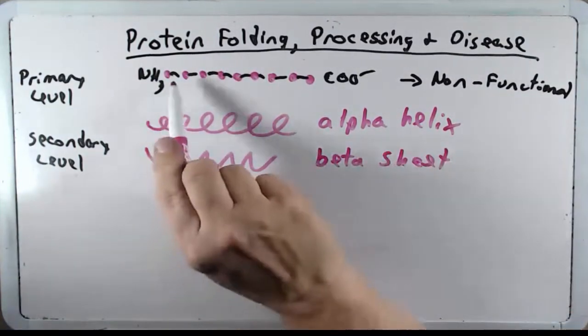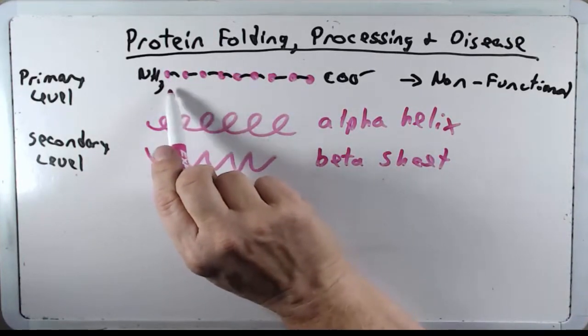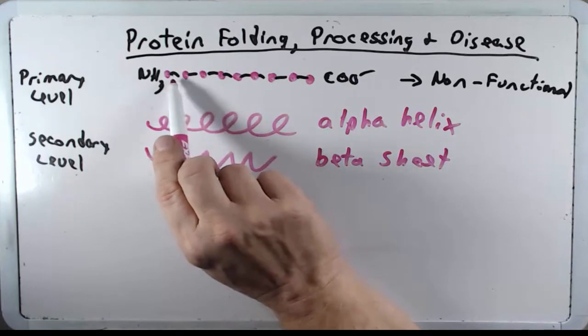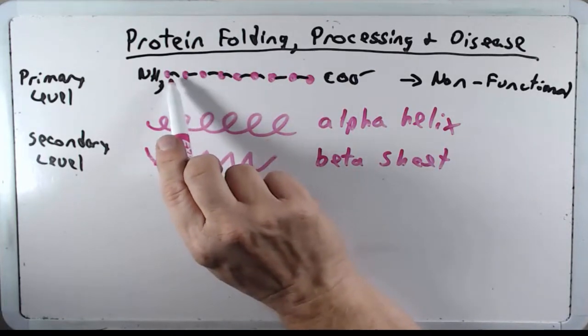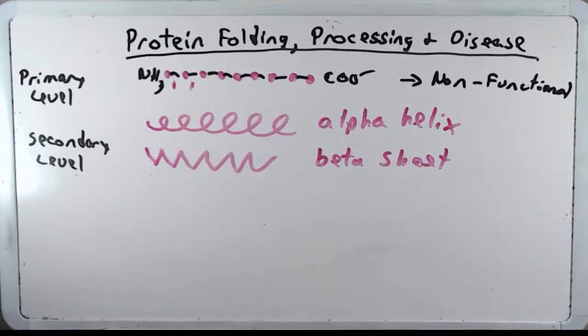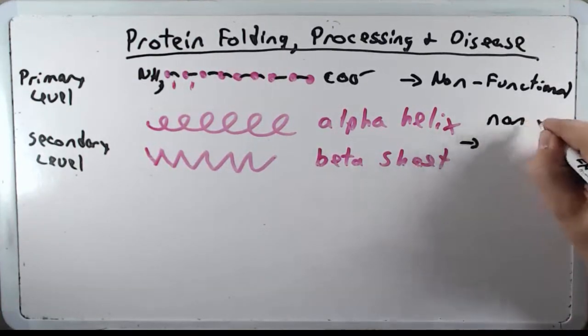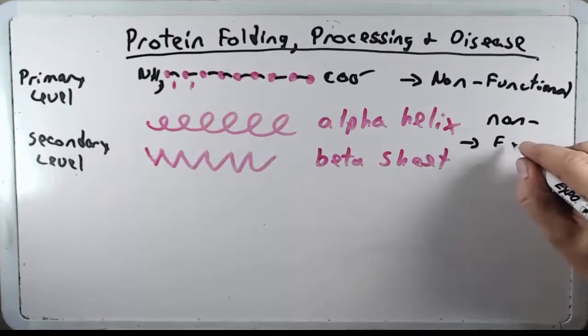These occur because there are hydrogen bondings. I won't ask hydrogen bondings on the test, but it is hydrogen bondings between this region and this region that bind to each other to create these secondary level structures. And we're going to call these, for the most part, non-functional. There's an important exception to this that we'll talk about in a moment.